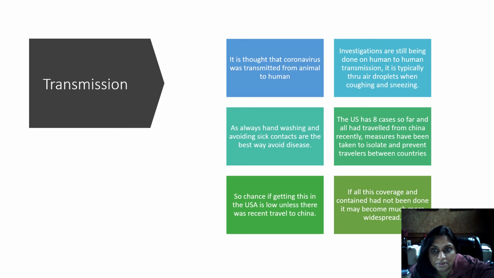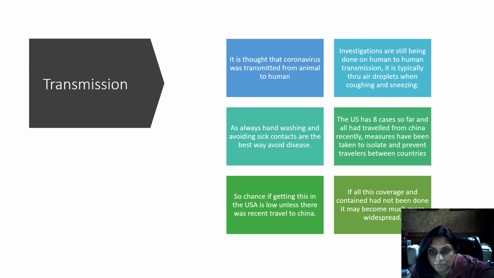So it was thought that the coronavirus was originally transmitted from animal to human. Now investigations are still being done to look at the transmission, how contagious it is, and how infectious it is, and what the mortality rates are going to be.